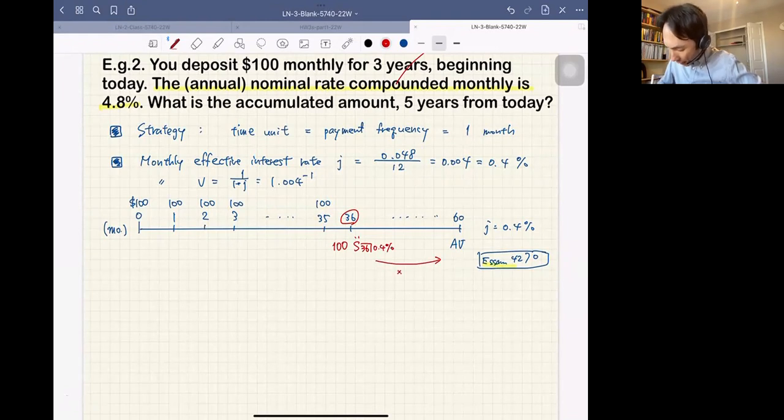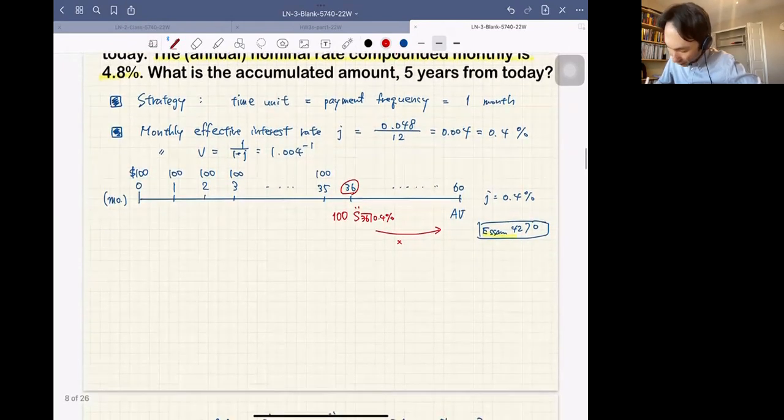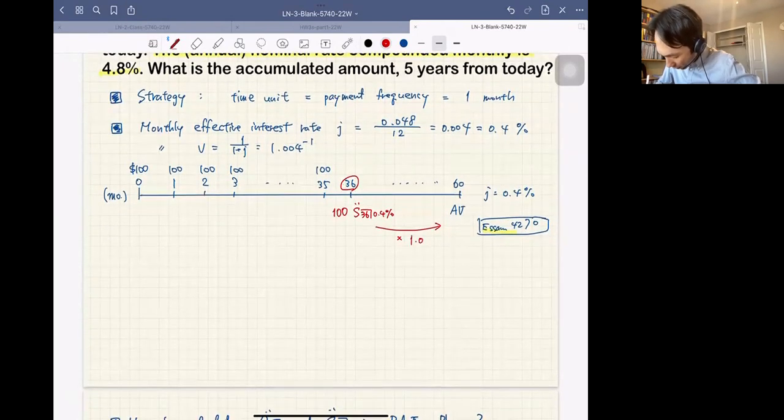Then we multiply 24 months of interest, 1.004 to the power 24. So this is the way to calculate AV, accumulated value.